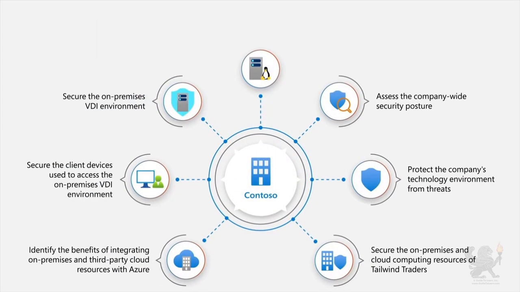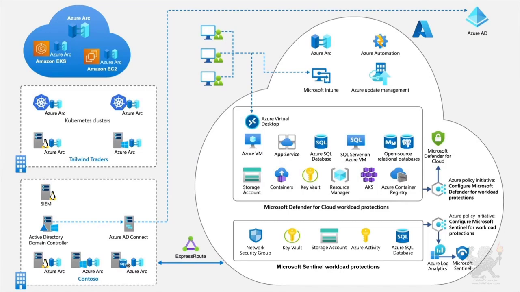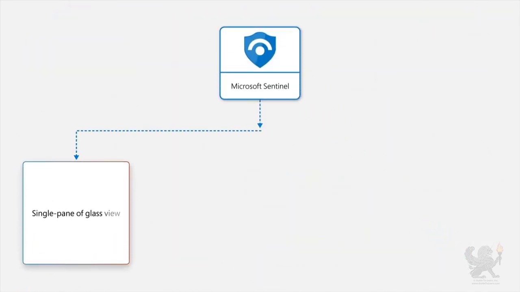The final requirement of the solution is providing a SIM solution, which facilitates a single pane of glass view. Contoso will implement Microsoft Sentinel to centralize the collection of security logs and address the limitations of the on-premises SIM solution. This will provide the single pane of glass functionality for the company's security operations team.